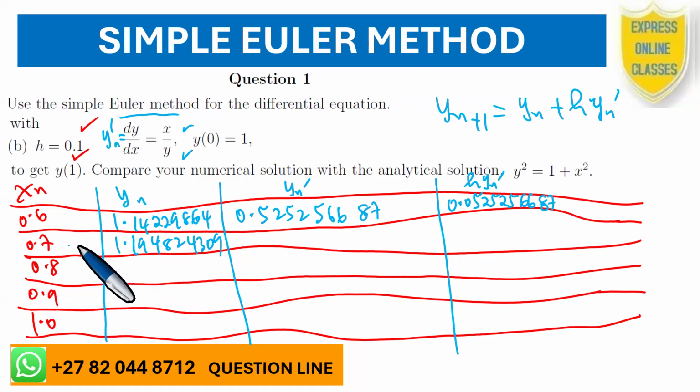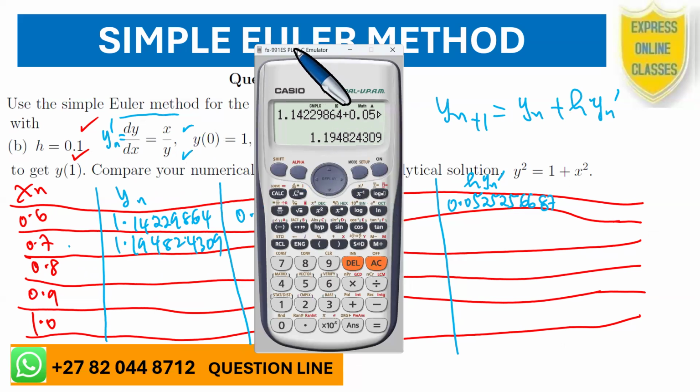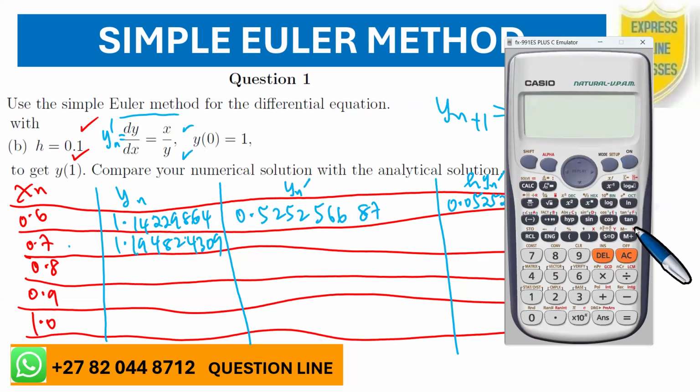So we divide the x by the y to get this one. 0.7 divided by 1.194824309 gives 0.5858601928.